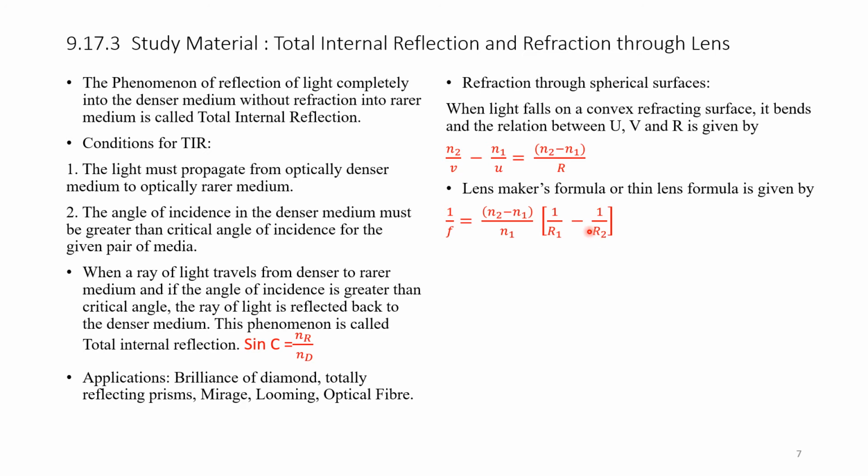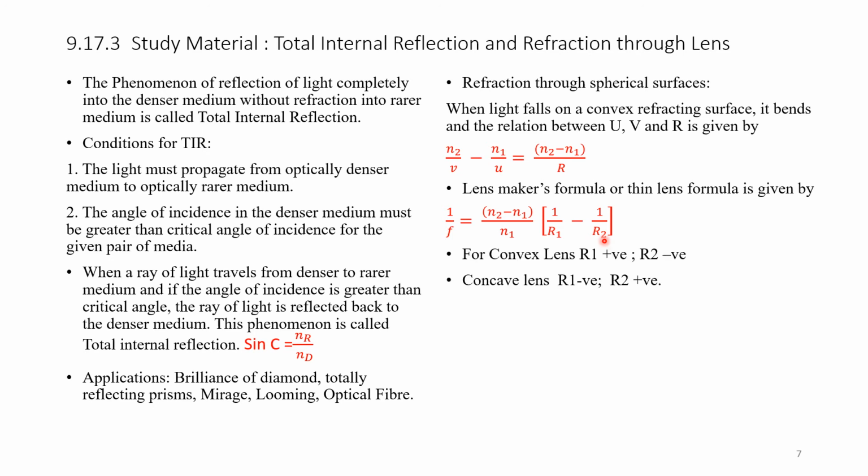I will repeat here, 1 over f is equal to n2 minus n1. n2 is the refractive index of the lens 2 and n1 is the refractive index of the lens 1, and r1 is the radius of curvature of lens 1 and r2 is the radius of curvature of the lens 2.